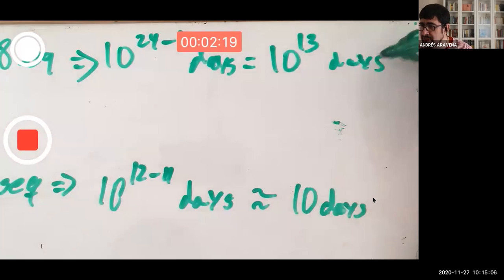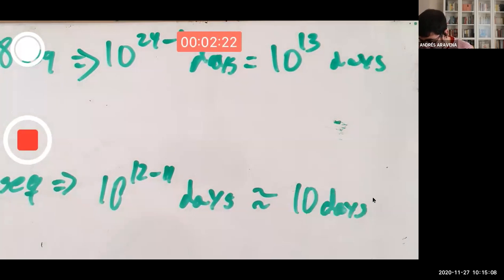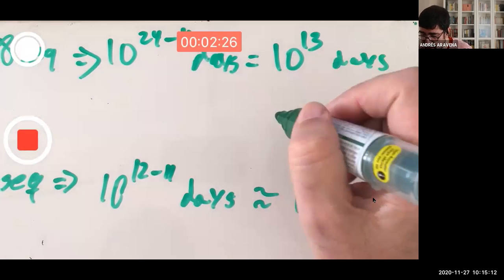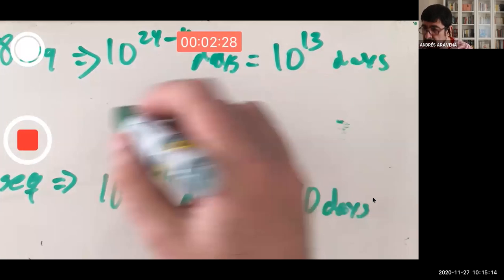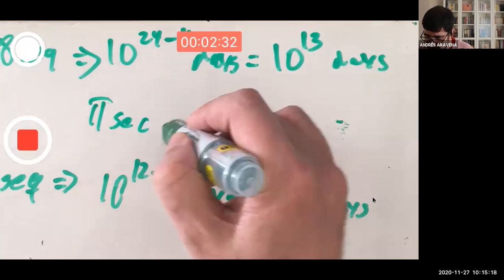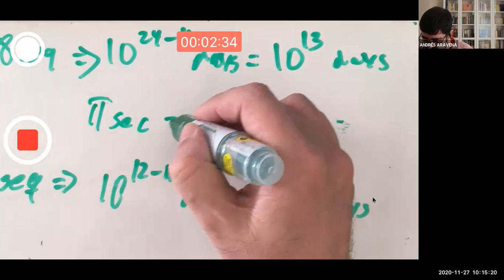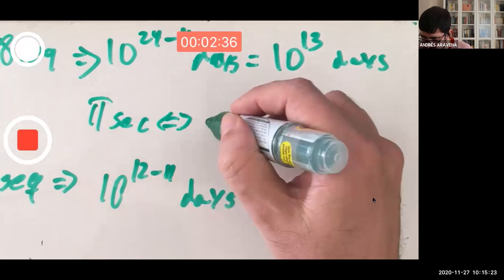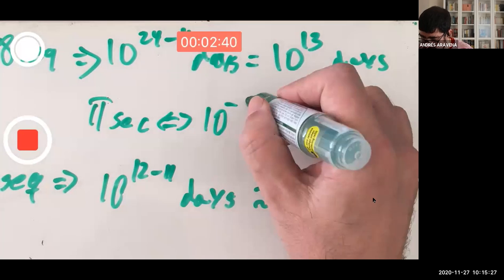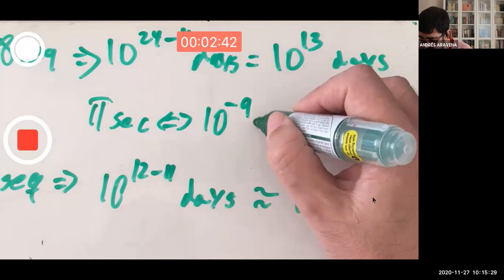And the question is, how much is this? Well, I give you a hint. Pi seconds is equivalent to 10 to the minus 9 centuries, one nanocentury.